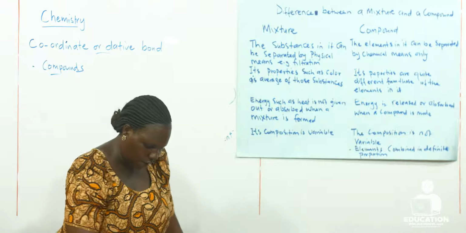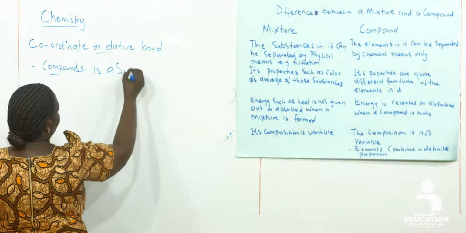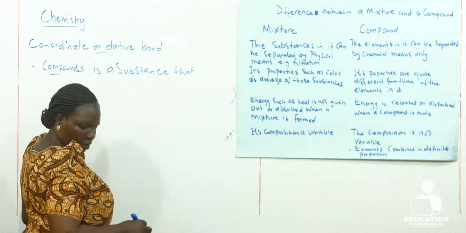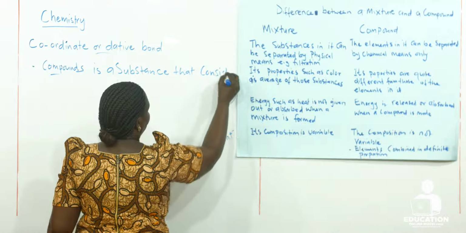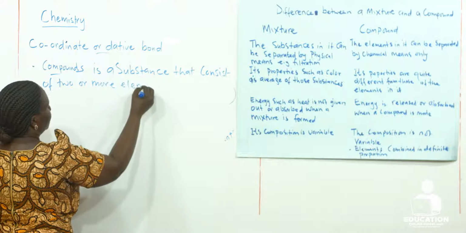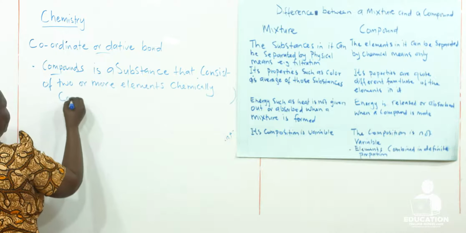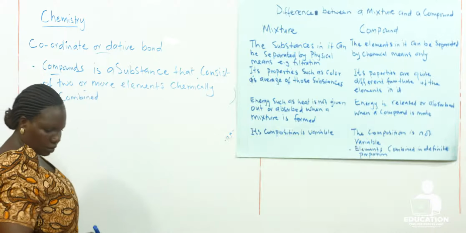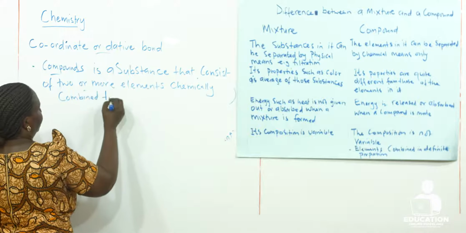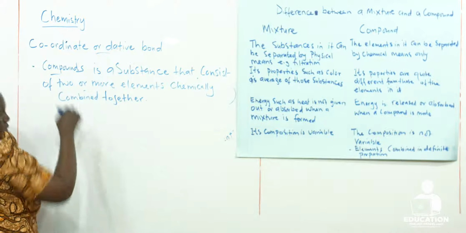And compounds, by definition, a compound is a substance that consists of 2 or more elements chemically combined together.